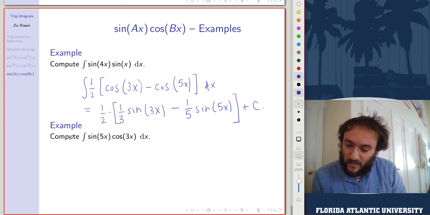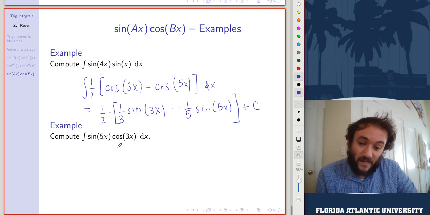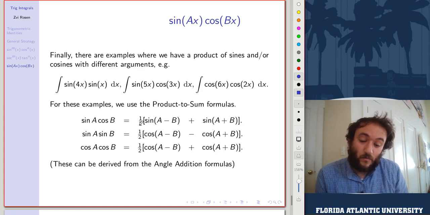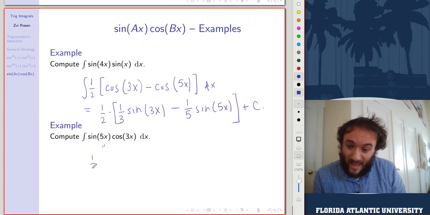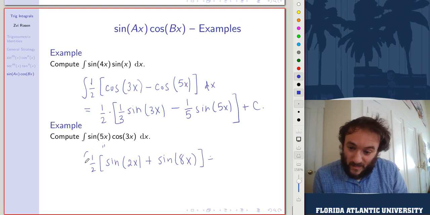Let's take a different integral. If we want to compute the integral of sine of 5x times the cosine of 3x, I look up sine A cosine B, which is equal to 1/2 of sine of A minus B plus sine of A plus B. So this equals 1/2 of sine of A minus B, which is 2x, and we want a plus sign, plus sine of 8x, and we're taking the integral of that.